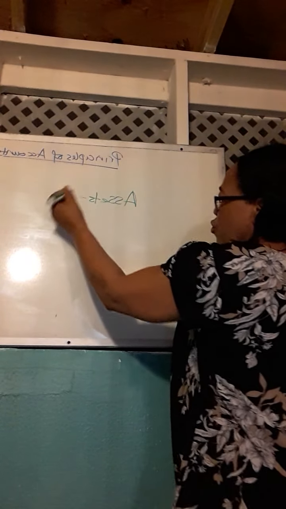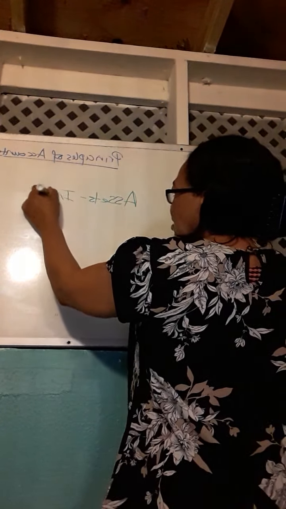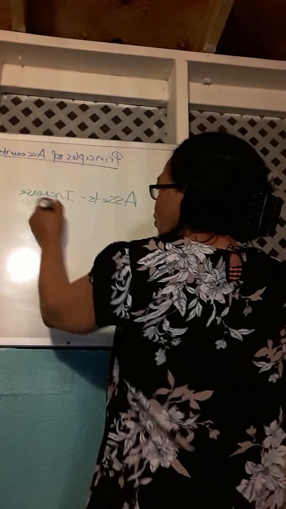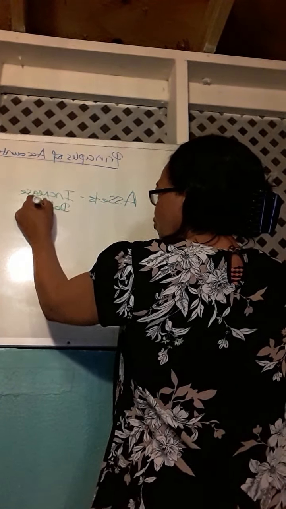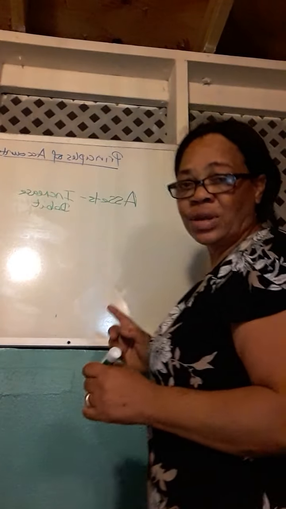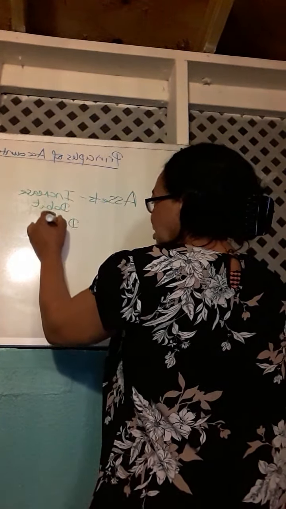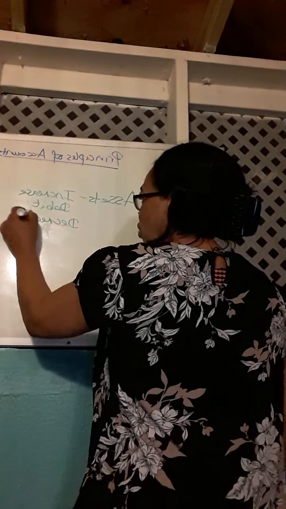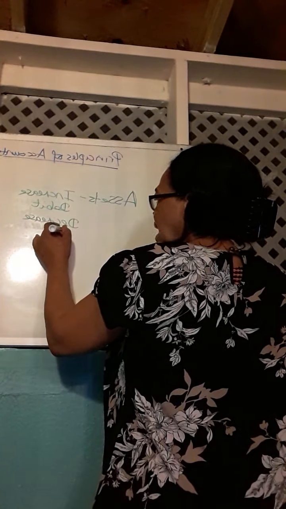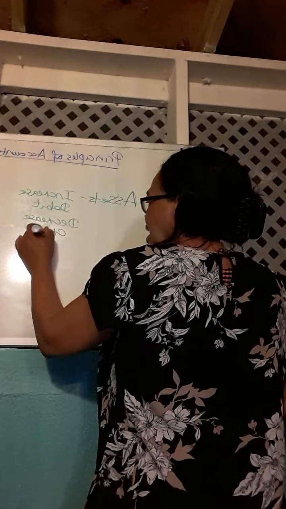And in my double entry, if there's an increase in asset, it is going to be a debit entry. Any of my asset increases, it will be a debit entry. If there's a decrease in asset, it is going to be a credit entry.